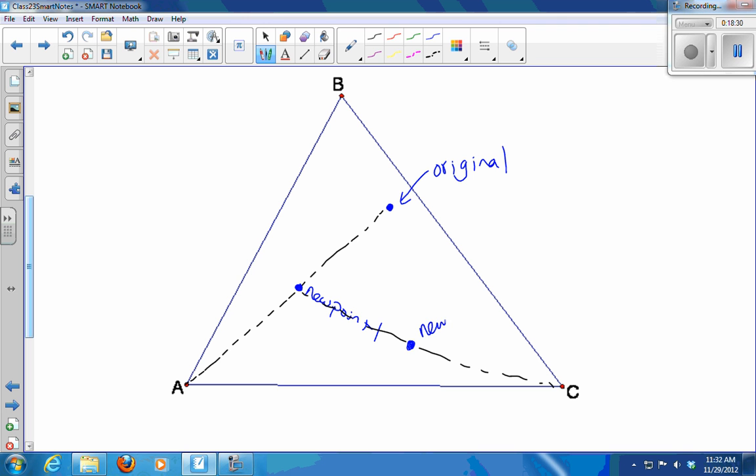So this is new point number 2. And then if I roll again, and let's say I roll a 1, that corresponds to vertex A. I draw a line to vertex A and put a new point halfway between. So this would be new point 3.